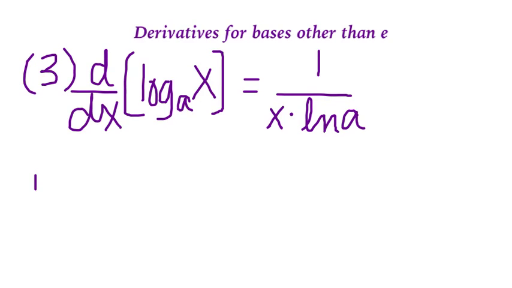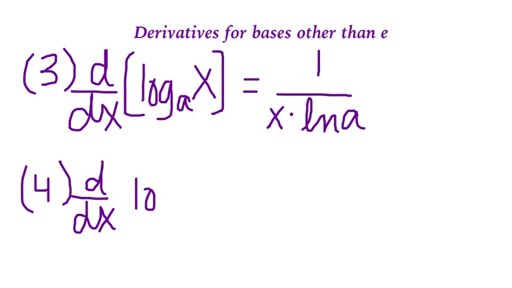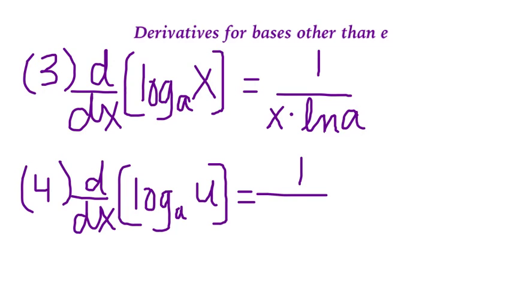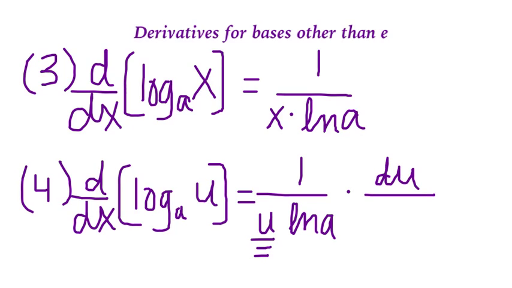So chain rule, if we had the derivative with respect to x of log base a of u, where u is some function of x, this would be the same thing, 1 over u, whatever that function of x is, times the natural log of a. But then it's chain rule. We have to multiply by the derivative of that function u. So we multiply by the derivative of u with respect to x.